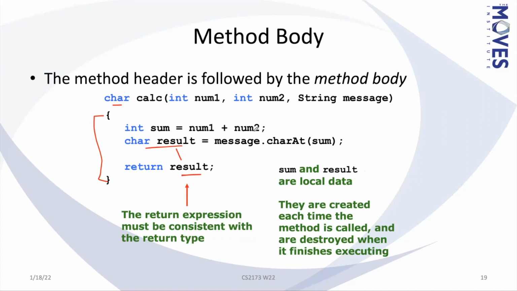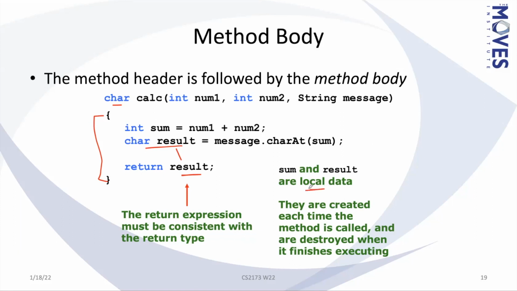Okay, so now here's where we're starting to look at the third type of variable. We have seen two types of variables so far. We've seen instance variables, and we've seen class variables. And the third type of variable are local variables.